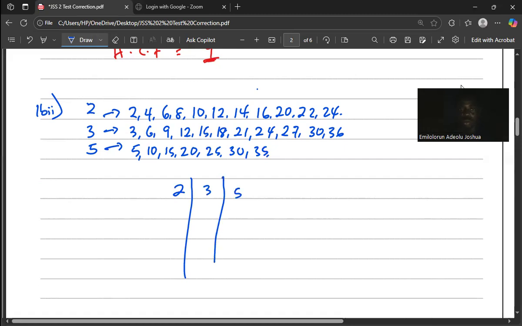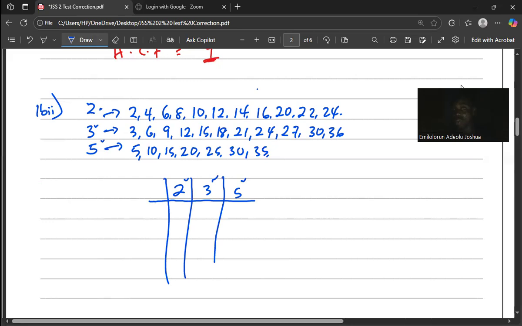So you have 2, this 2, you have 3, this 3, you have 5, and this is 5. With this method, we may not be able to use it with this kind of arrangement.